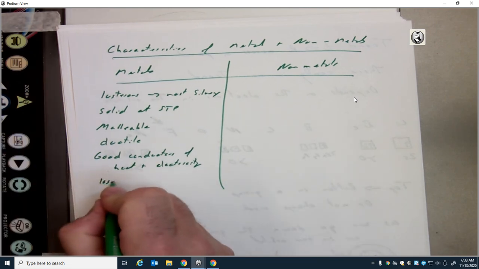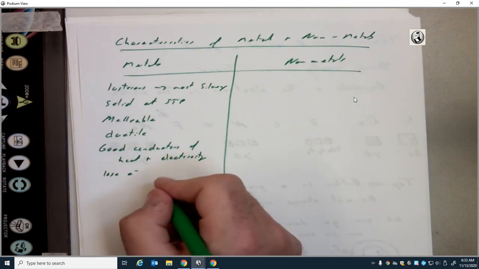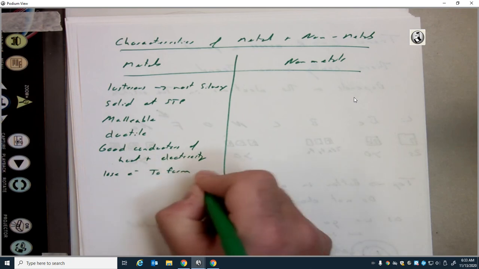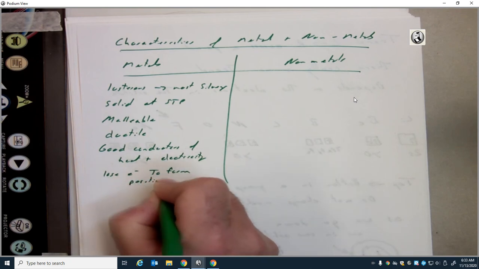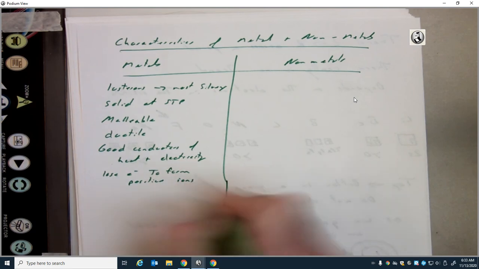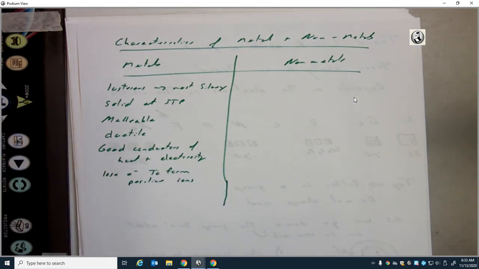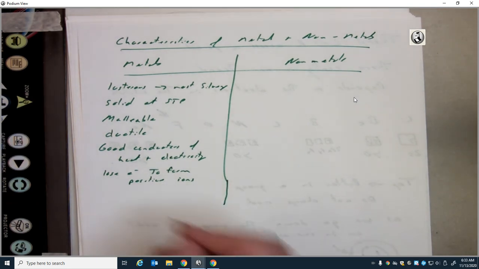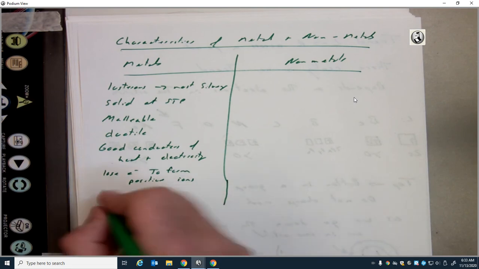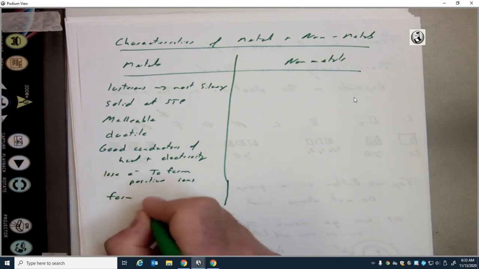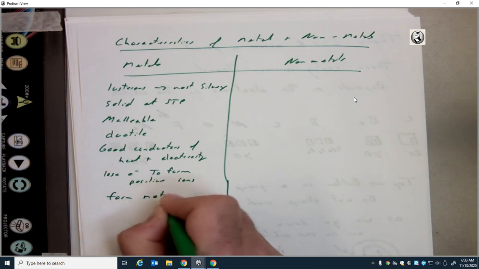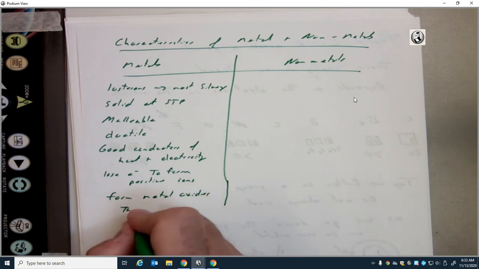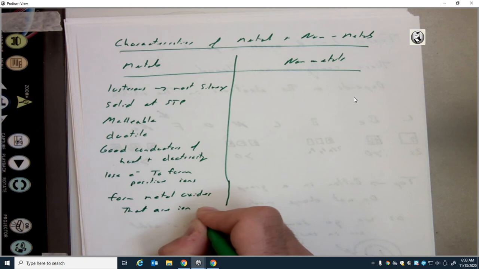They tend to lose electrons to form positive ions. They form metal oxides that are ionic solids.